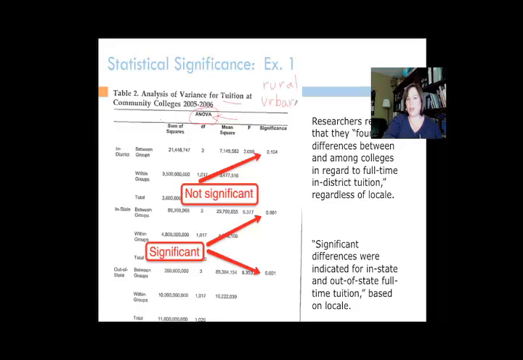And so they're looking at different tuition levels in district, in state, and out of state of community colleges that are rural, urban, suburban, and I think there may have been one more. Suburban. And this is how they reported the analysis of variance.